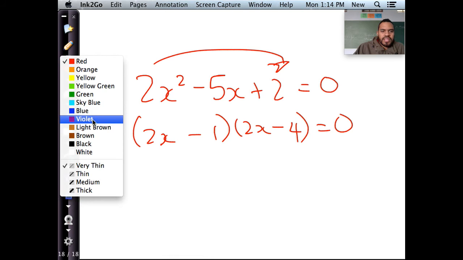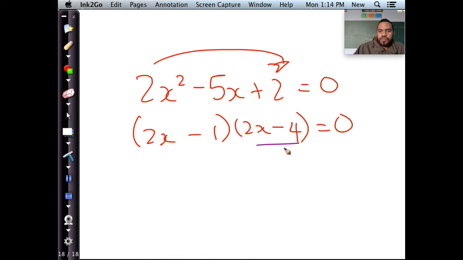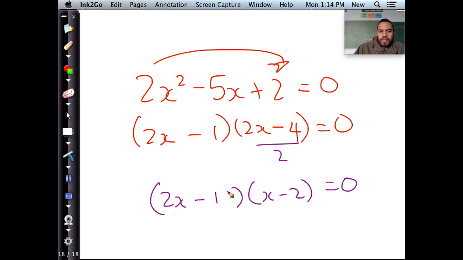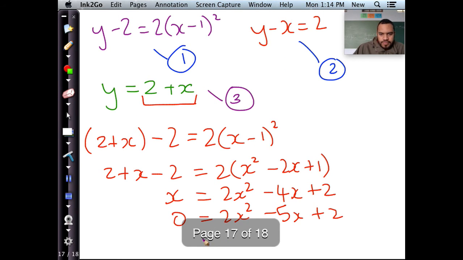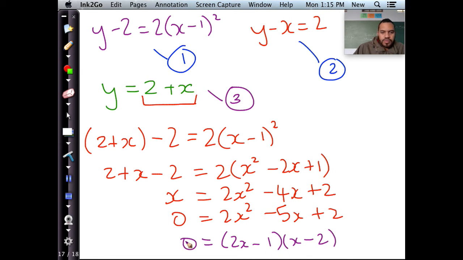And what we can clearly see here is a common factor of 2. So we pull out that 2 and we're left with x minus 2 into 2x minus 1. Okay, so let's factor that: 2x minus 1 into x minus 2, and that equals 0.